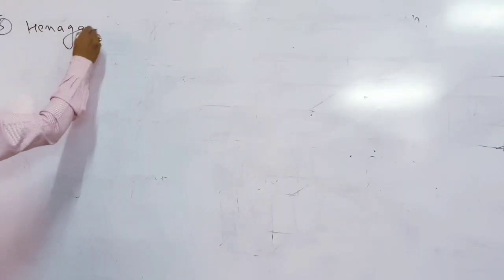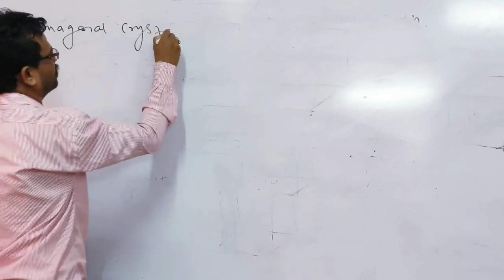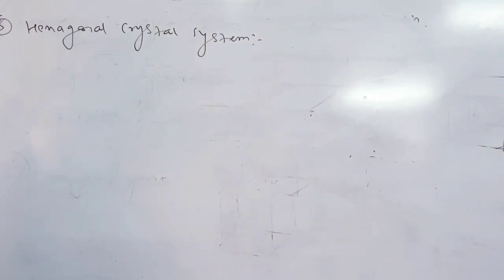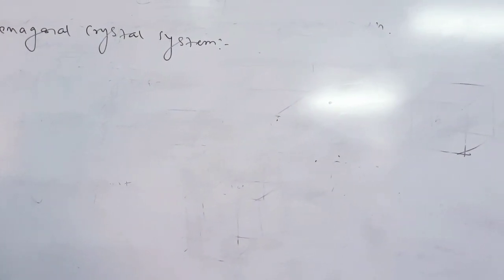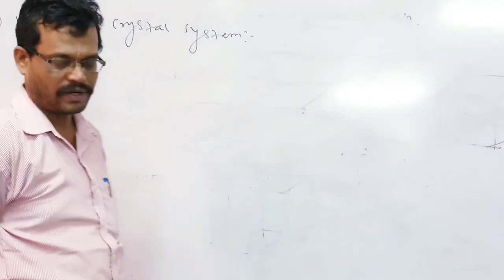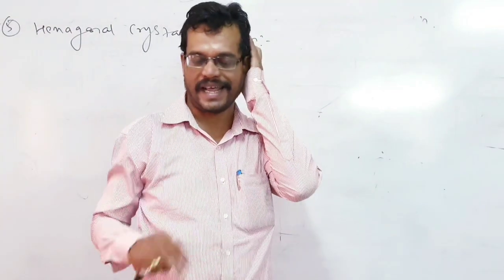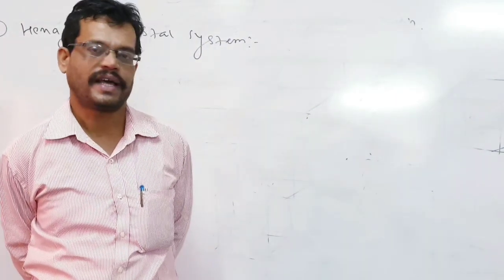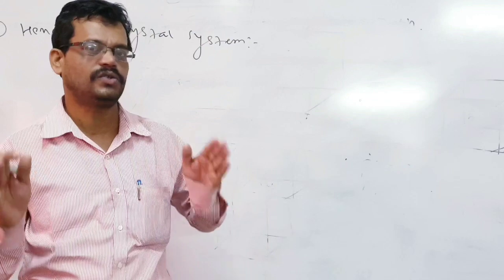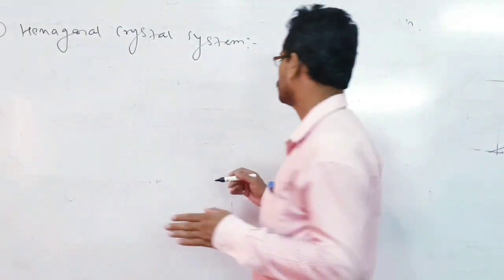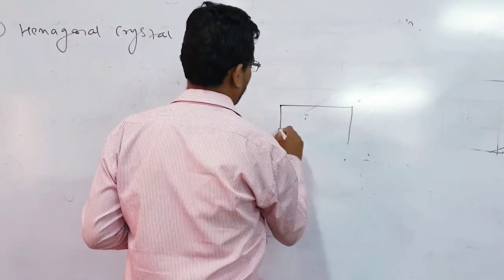In the hexagonal crystal system, it looks like a hexagon, and here the bond angles are 90 degrees for two and one is 120 degrees. Similarly, two lengths are the same and the third length is different. The structure just looks like a hexagon.